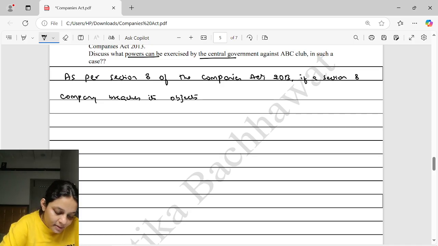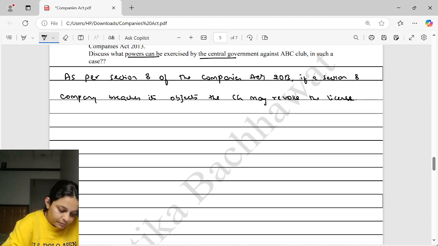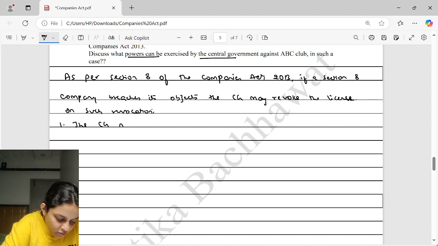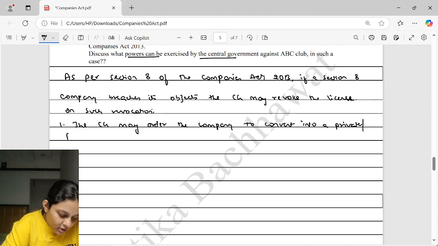Breaches its objects, the central government may revoke the license. On such revocation, first point, the central government may order the company to convert into a private or public company.